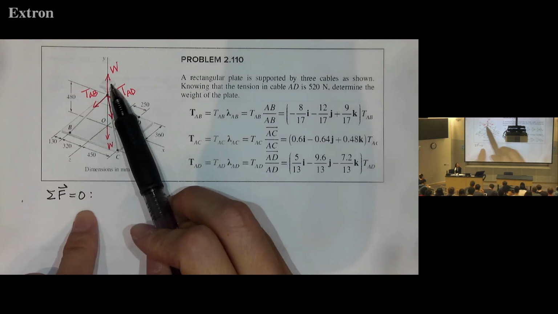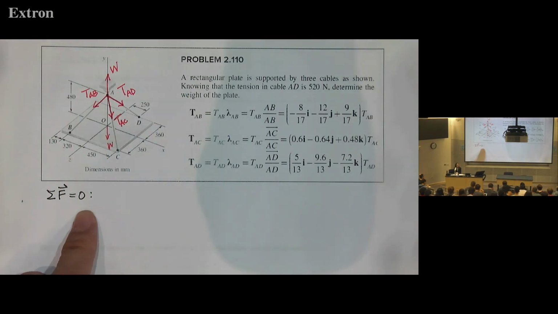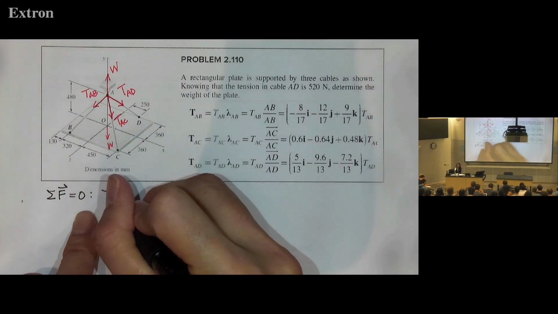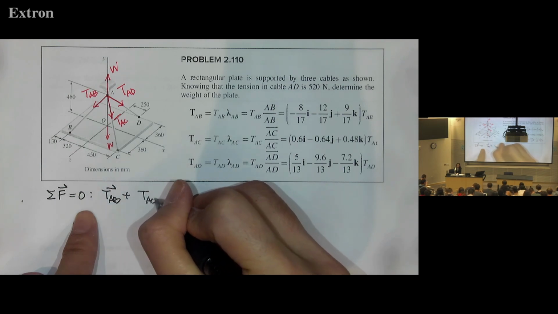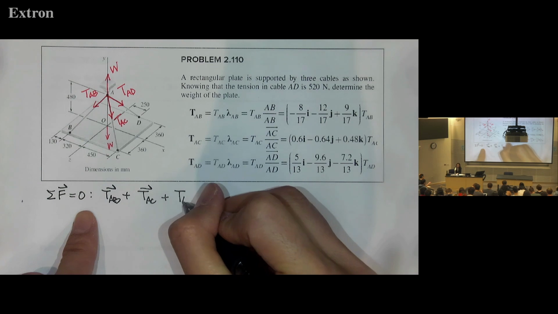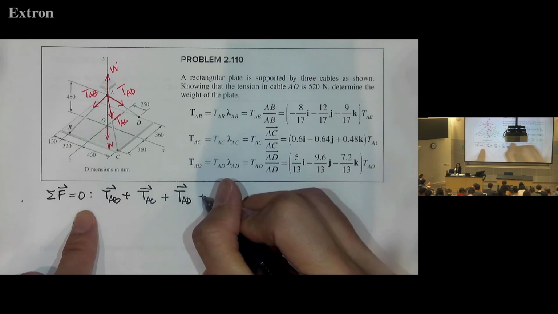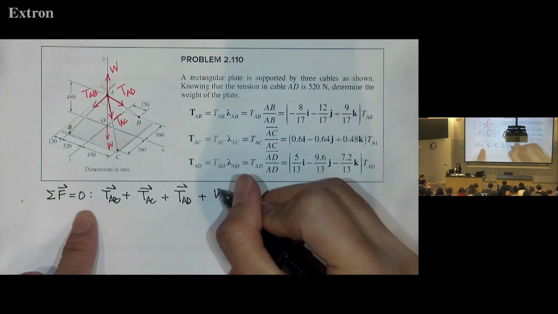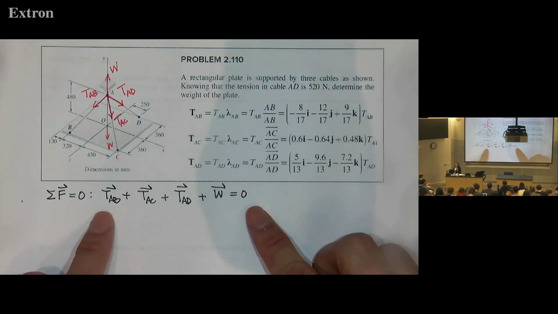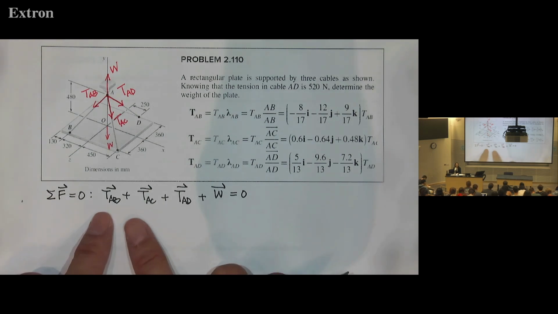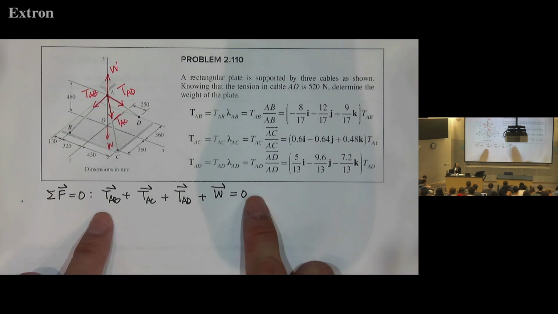We have 4 vectors, so we can vector sum those 4 forces: the TAB vector, the TAC vector, the TAD vector, and this W vector equals 0. Conceptually, we are summing all 4 vectors together, and that must be 0 to make it equilibrium.